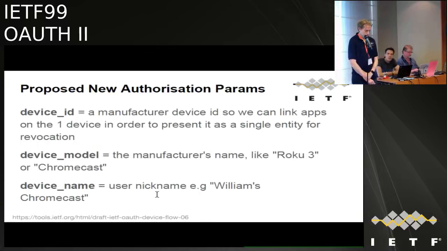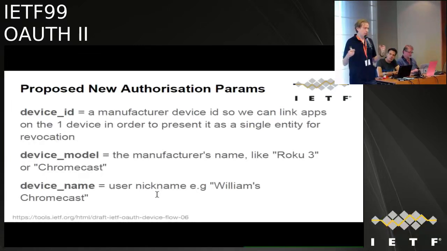Okay, so the other major change that was proposed is related to the fact that you may have multiple devices that are actually all the same. Take, for example, a Roku device. If you have, say, two TVs, you may have two Rokus, both authorizing to YouTube or whoever, and both would have the same client ID.